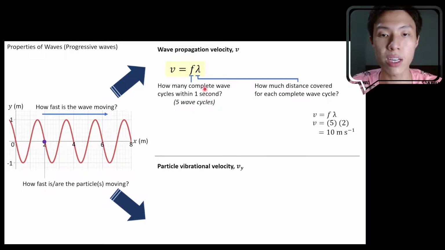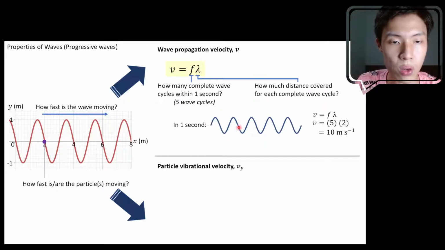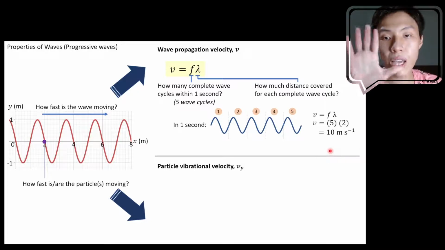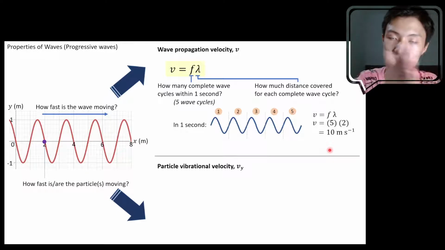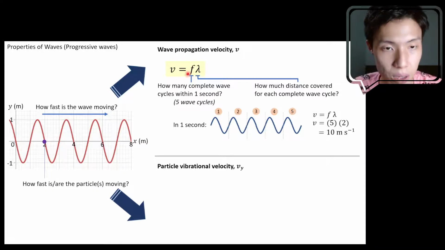So in 1 second, you'll be able to observe that the wave has traveled this many wave cycles: 1, 2, 3, 4, 5. So there are 5 wave cycles that you can see traveling, in this case to the right, made by the progressive wave. This is what the frequency tells you.